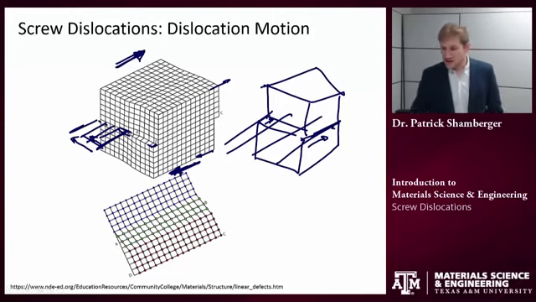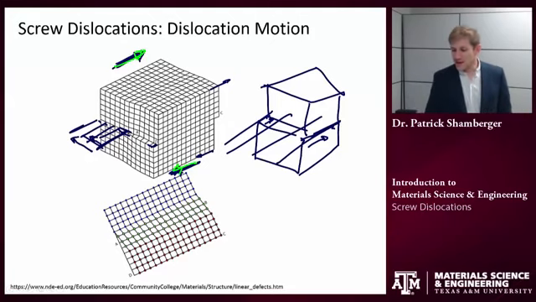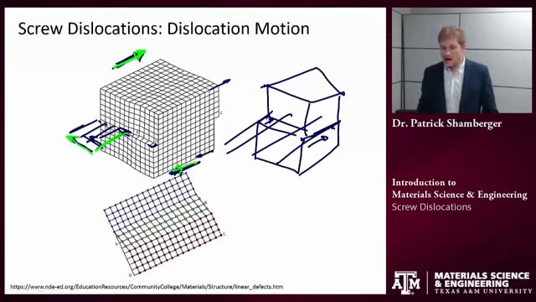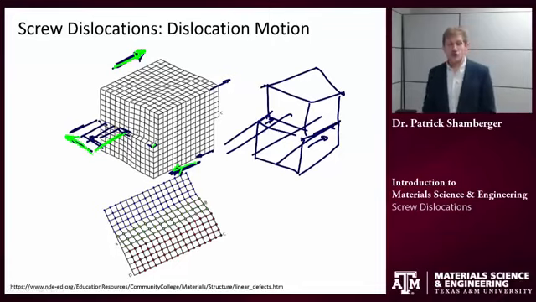So what does this mean? If I have a particular direction of shear, then the dislocation is going to move perpendicular to that direction of shear. And furthermore, that direction of motion is also perpendicular to the Burgers vector.